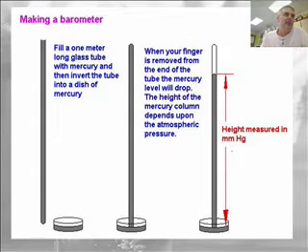Okay, so how would you actually make a barometer? Well, first of all, you would fill a tube 1 meter long with mercury. You would then put your thumb over it. I wouldn't recommend that because, of course, it would be a problem. Flip it upside down, and it would be completely filled. Okay, no, it wouldn't. It depends on your pressure. What you'd have up here is a vacuum.